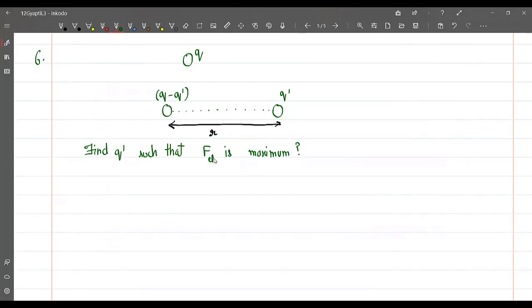Find Q dash such that electrostatic force is maximum. Now, without giving any bigger thought, I can write the electrostatic force between them will be 1 by 4 pi epsilon naught into Q dash, not Q dash, but Q minus Q dash, divided by R square.